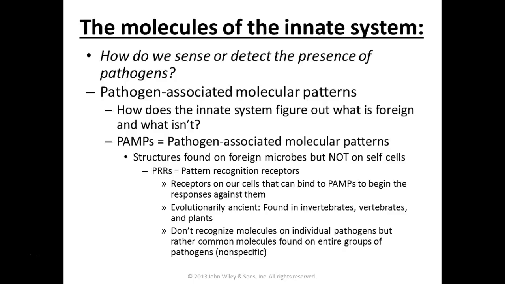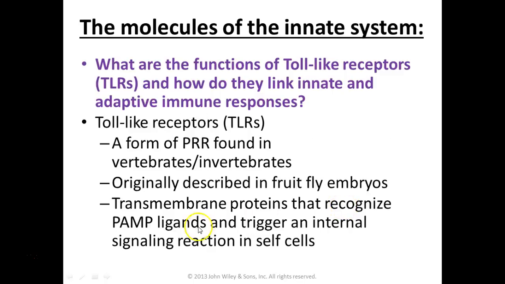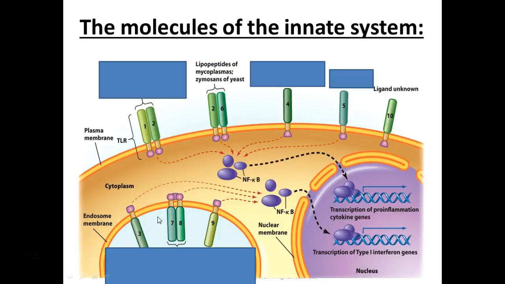Okay. So, what are these? So, we find these in invertebrates and vertebrates, because remember, both have an innate immune response. So at this very basic level, pretty much all animals can do this, and even plants. But as I said, this is not specific. So for homework, I had you fill in some of these boxes.